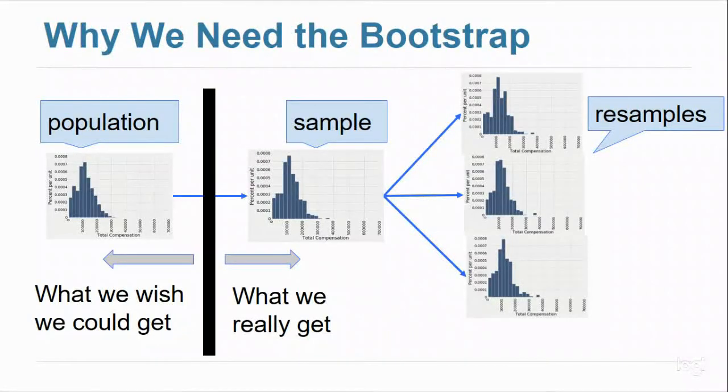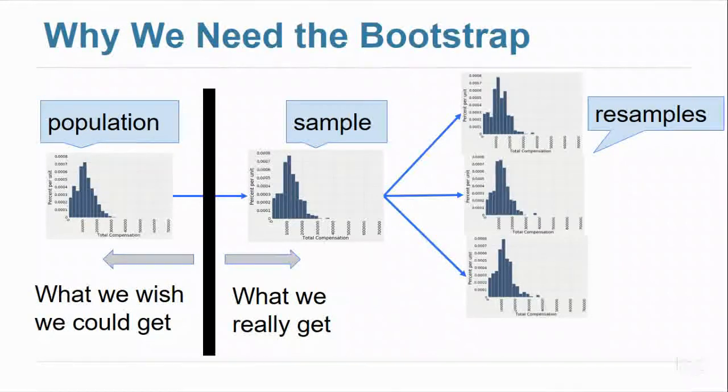So here's what we wish we could get. We wish we could get the population statistics completely. In that case, we'd have a census and we could actually calculate the parameter directly. Instead, we get a single sample, and from that single sample, we'll compute many resamples of that sample. For instance, we might compute, say, 10,000 different resamples.